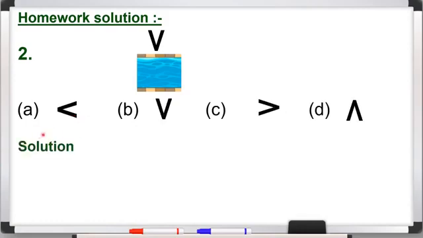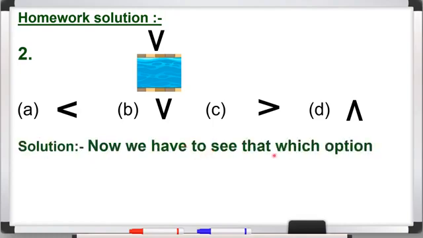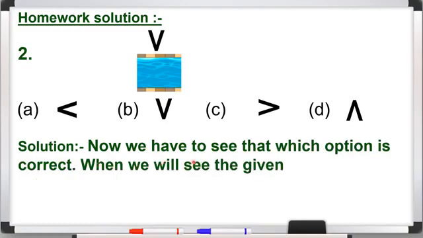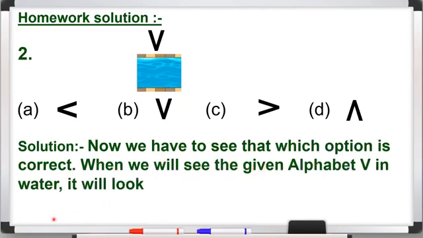Okay, now solution. Now we have to see which option is correct when we see the given alphabet B in water. It will look like option number D.